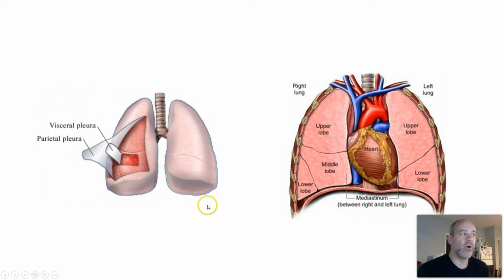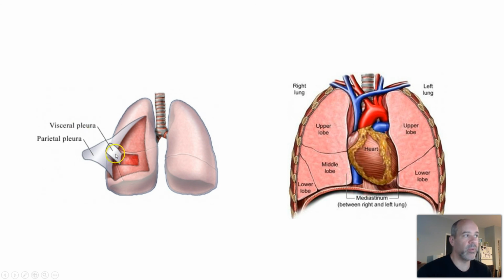The cavities are lined, each one, by a serous membrane called the parietal pleura. So that's a thin membrane that consists of a very thin layer of connective tissue and a very thin layer of epithelial tissue, and it produces pleural fluid, if you remember that from Biology 201.